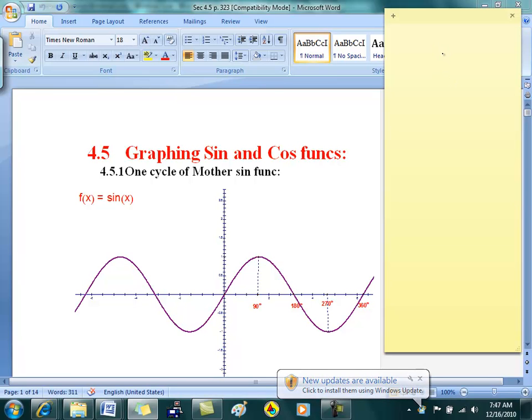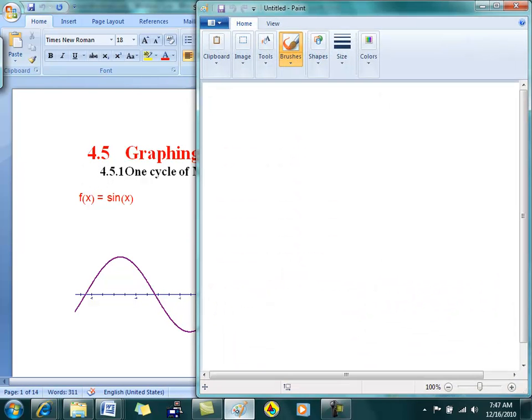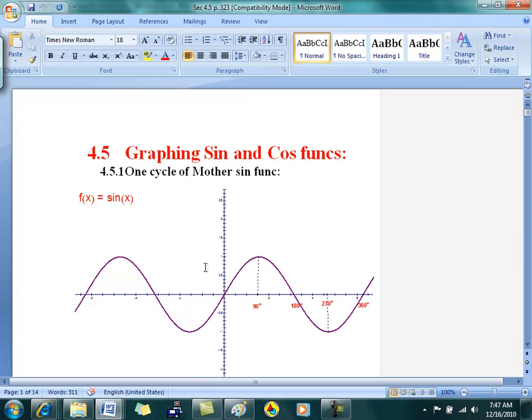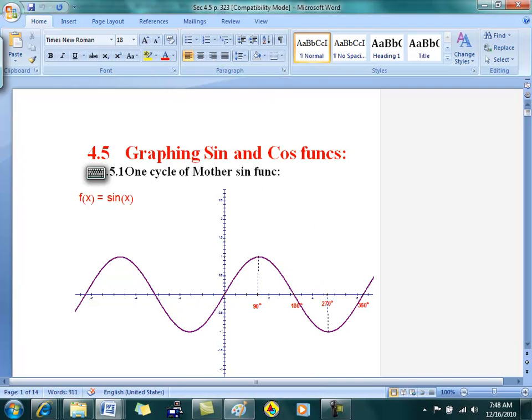So for the sine function, oh, yesterday some of my ex-students came in to see me, and they saw me doing lines like this, and they were shocked. I never draw lines without a straight edge. They were saying that I should take a ruler and put it on my laptop and draw it out. I don't want to scratch my laptop, so instead I'm going to use Paint and see if I can do it in there.